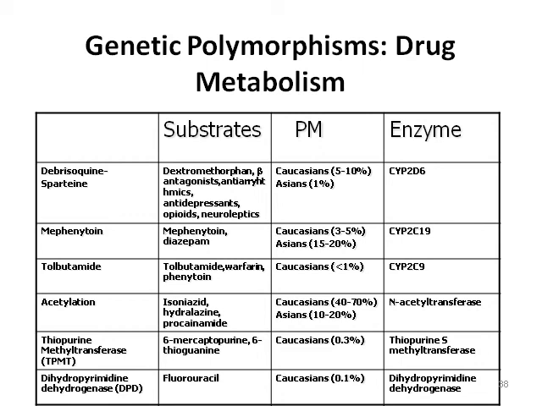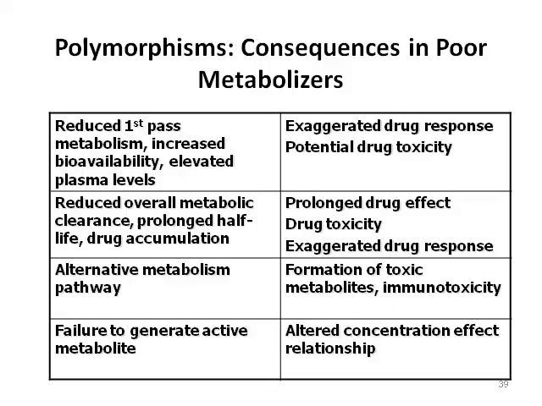And we see these polymorphisms, the percentages are indicated, 5 to 10%, for example, of Caucasians have this Debrisoquine-Sparteine. Basically, that can affect things such as antidepressants and neuroleptics, and this is with 2D6. So you see on this chart basically the enzymes and the distribution in certain populations.